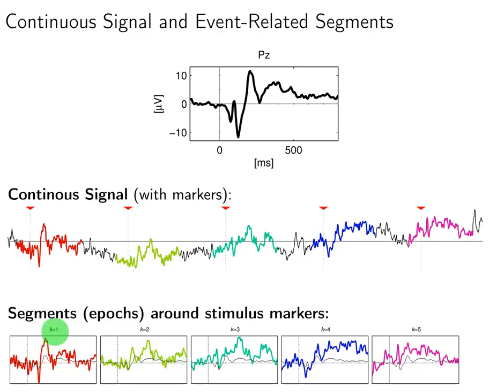For example here, K1, K2, K3, K4, K5, where K denotes the number of observations of the ERPs. If you take all these epochs and perform averaging, we can see the following pattern. This is the average of these 5 segments. And in BCI, BMI, we work with this kind of dataset.